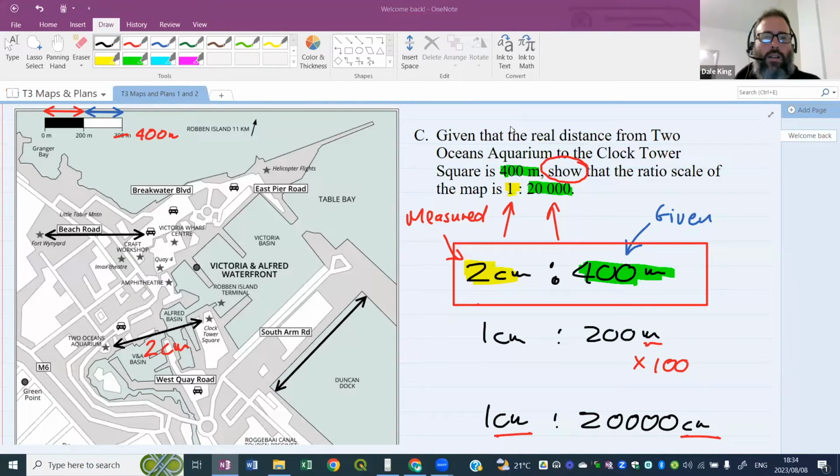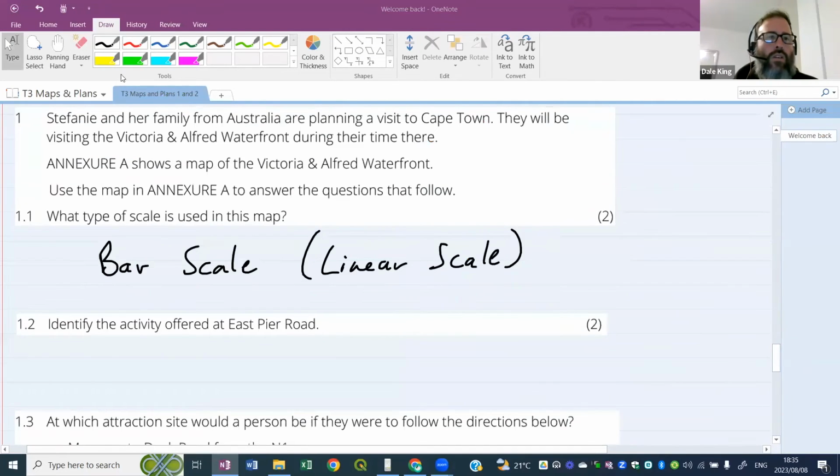All right. Yes, very good. Helicopter flights. So this is what they were looking at here. This is East Pier Road, and the little star there shows the activity. Very good, Chipang. When you see these questions, you are very happy because it's not much work for 2 marks.